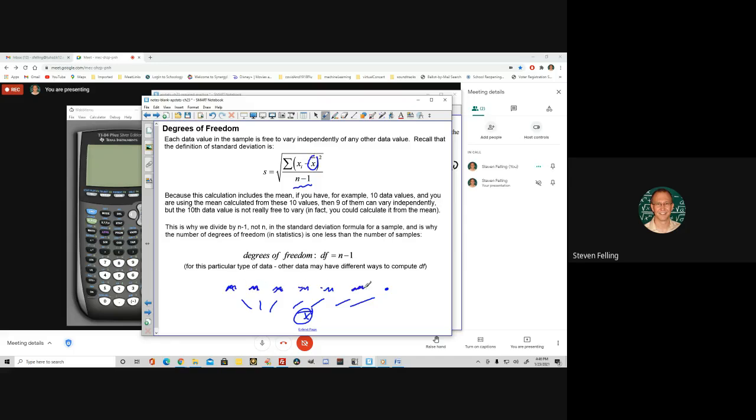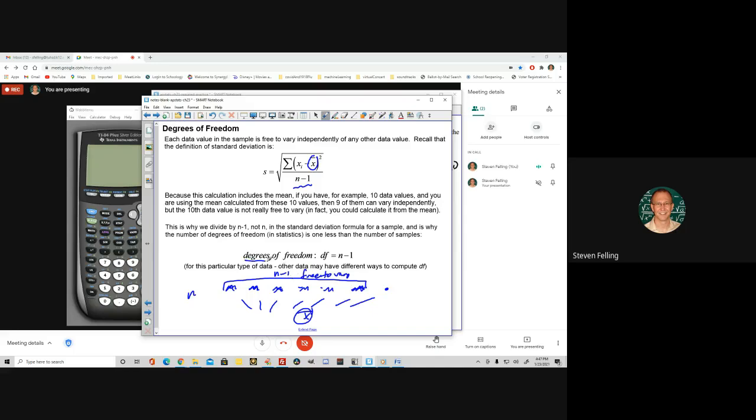But when I get to the last one, that one actually cannot vary, because if it were to vary, it would mean that the mean I was using all along was wrong. So if there are n pieces of data, only n minus 1 are free to vary. These are free to vary. So we say the degrees of freedom is one less than the sample size.